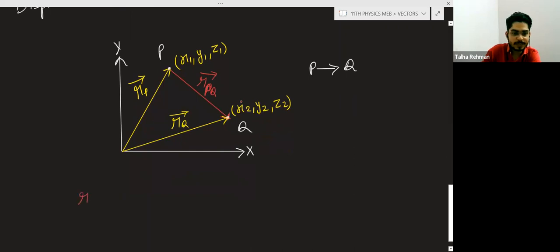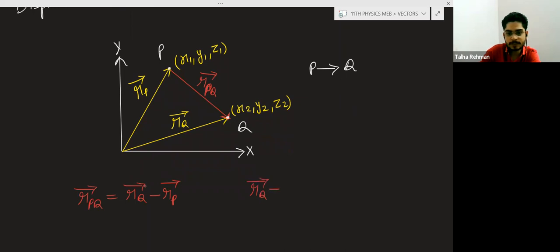So Rpq vector will be R of Q vector minus R of P vector. What is R of Q vector? Position vector of Q. R of P means position vector of P.